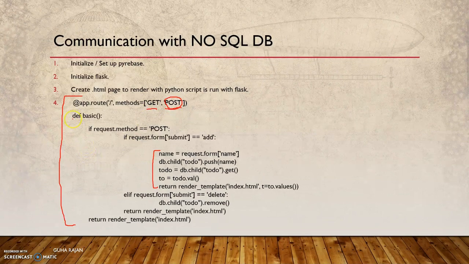If you look at the program, once you call the root, we are binding it to the basic route. If it is not POST, then as long as the submit button is in the web page, it will keep displaying the web page until the submit is done. So if it is not POST, it will render the template index.html, which is the name of the HTML file.